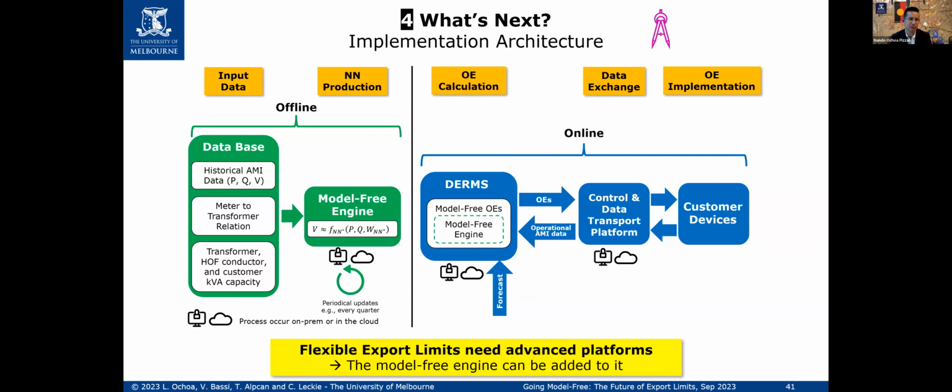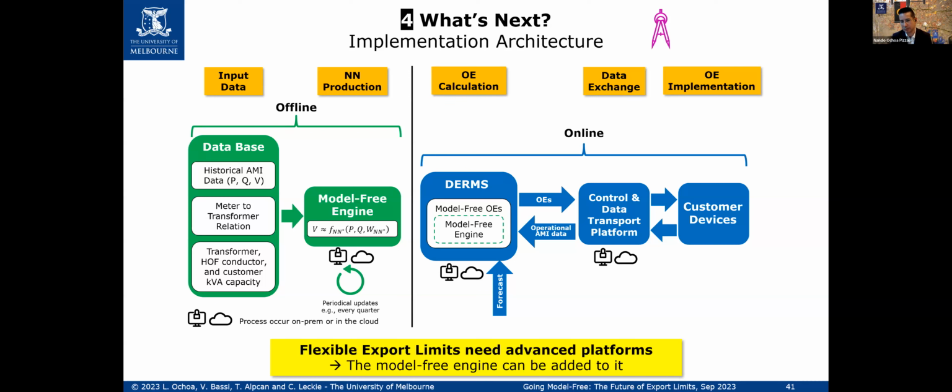So distribution companies will have to put together platforms that allow them to not just calculate those values, even if with simplifications, but then to broadcast those values and send them either directly to the corresponding PV inverters, which is the main technology that we have in Australia, or potentially to a third party that will manage the corresponding inverters on behalf of the customers to really follow the corresponding export limits.